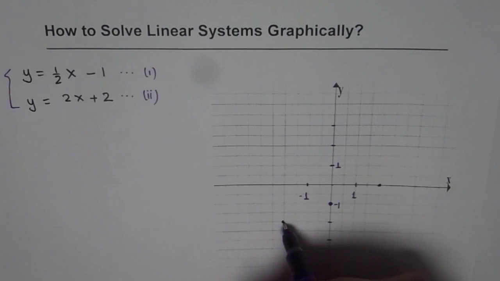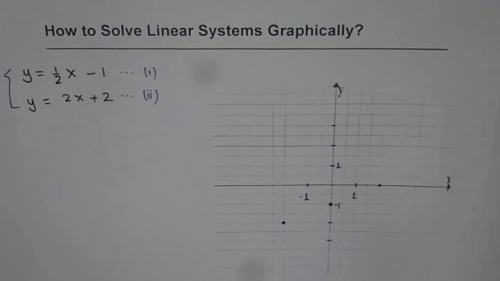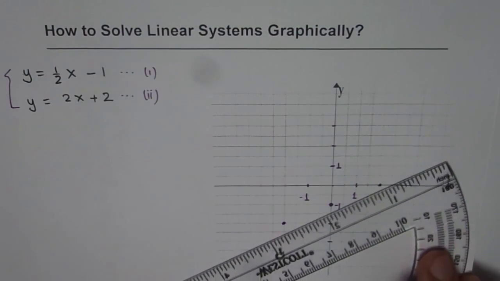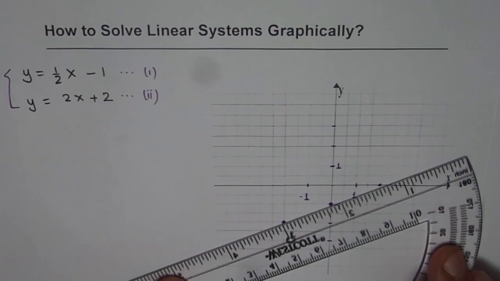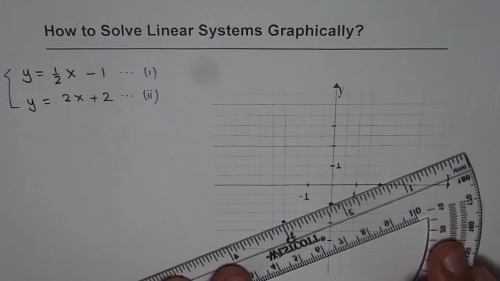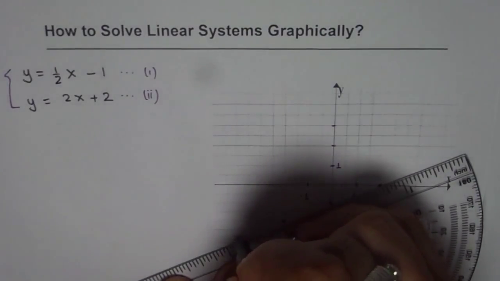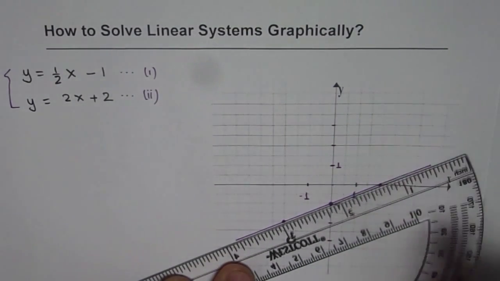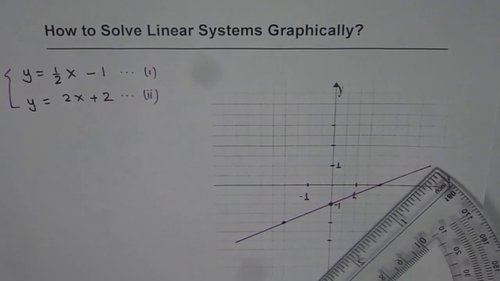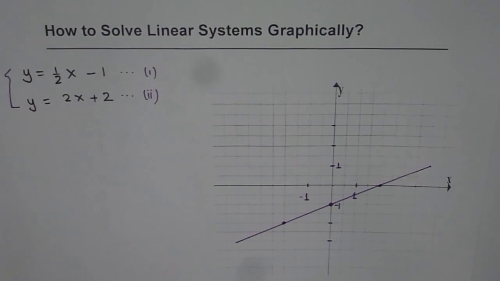So we get these 3 points which could be joined and then we get our line, correct? So we'll just join them. The idea here is that if fractions are involved in the equation, then we can at times select a scale so that it is easy for us to read the answer, right?